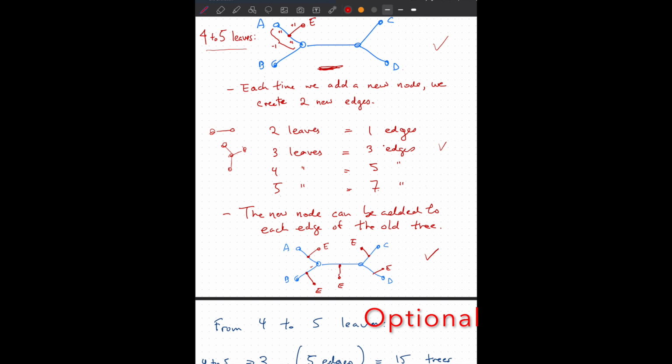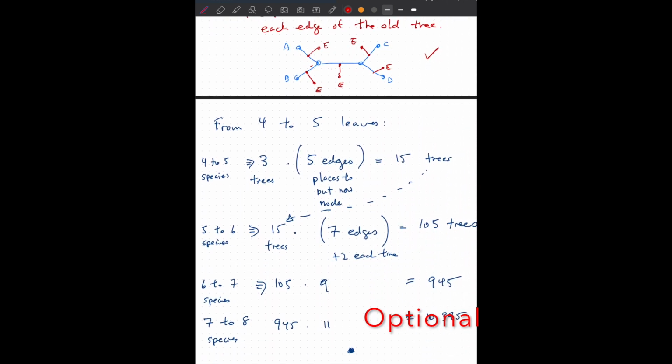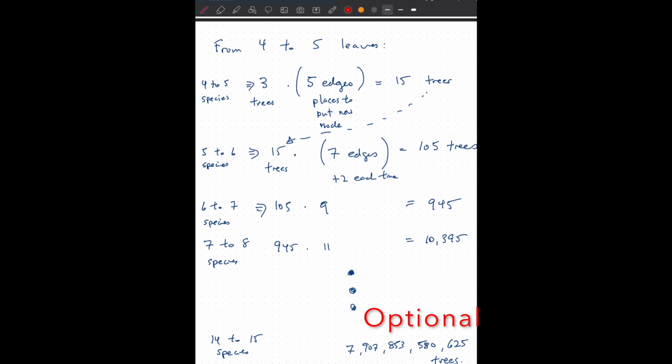So for an example, here the old tree is 4 leaves, and I'm going to 5 leaves. So now, what does that mean? A bit of arithmetic, nothing tricky, but when I want to go from 4 to 5 species, I had 3 trees, so I could do this to each of the 3 trees, but now there's 5 ways to add the edge. So I have in total 15 possible trees on 5 leaves.